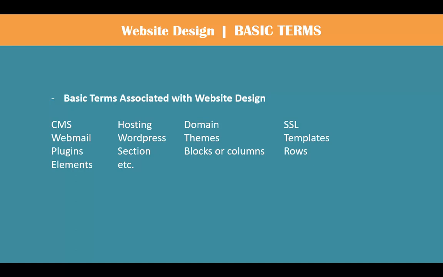There are several CMS out there, but for this training, we are heavily going to rely on WordPress. Other terms are hosting, domain, SSL, webmail, WordPress, themes, templates, plugins, sections, blocks or columns, rows, elements, etc.